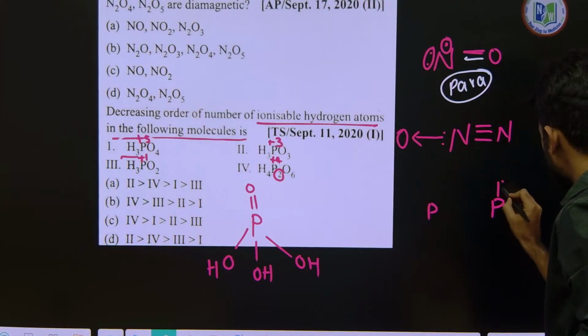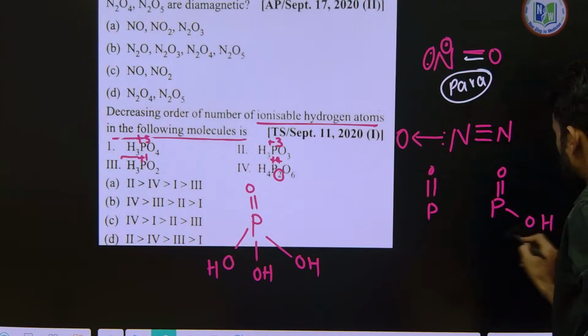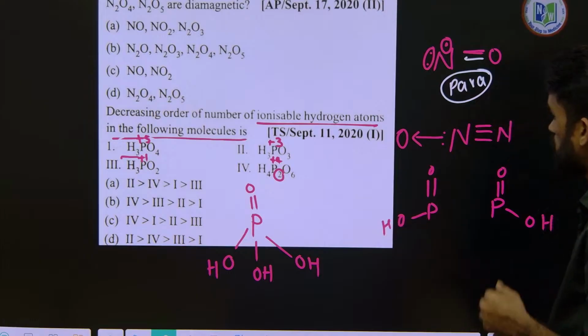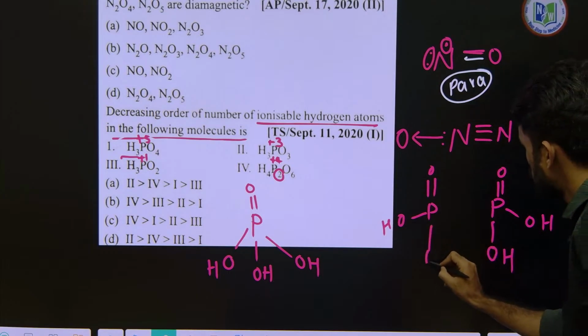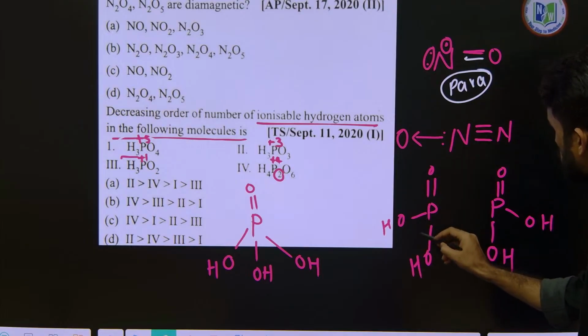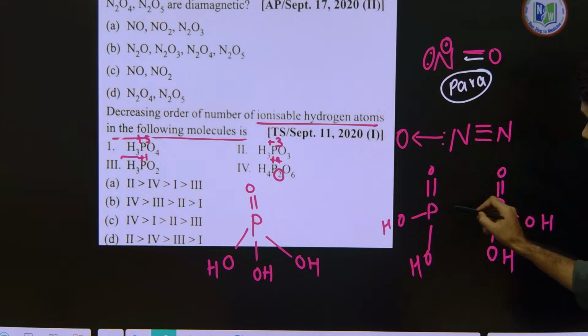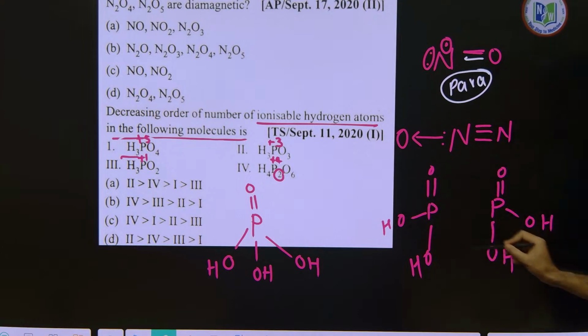So let's insert one over here and one more over here, and OH, OH, like this. There will be 4 bonds here, here also 4 bonds, 2 phosphorus, 6 oxygens, 4 hydrogens, and there will be a direct P-P bond.